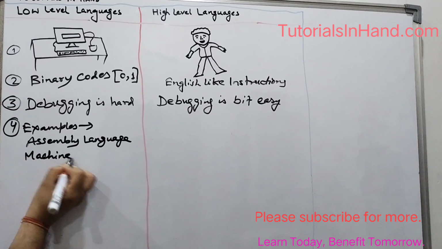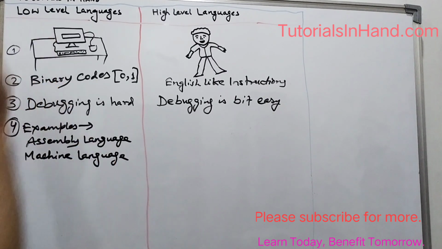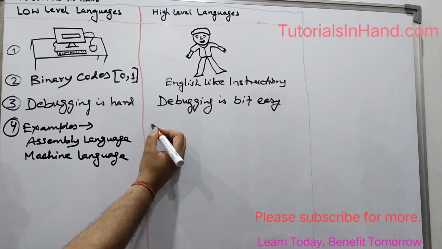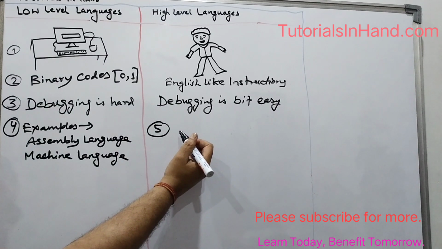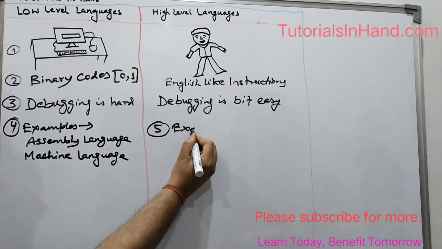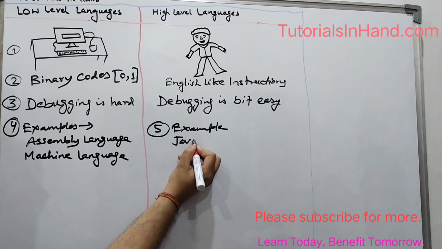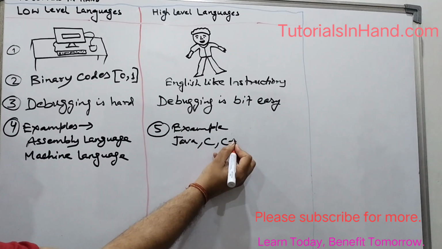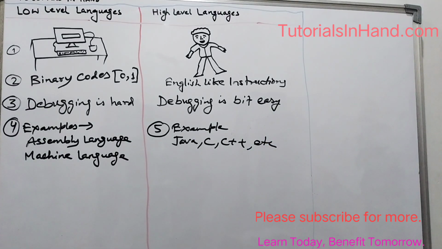So these are the examples of low level languages, and the examples for high level languages include Java, C, C++, and many other programming languages which you write in the English format.